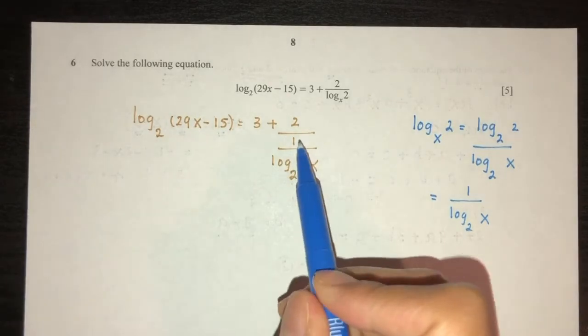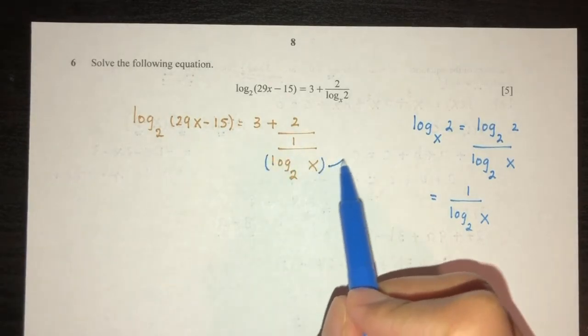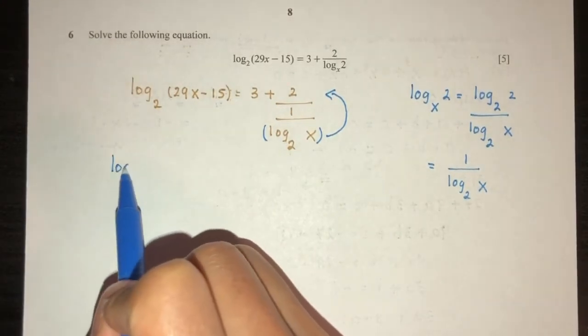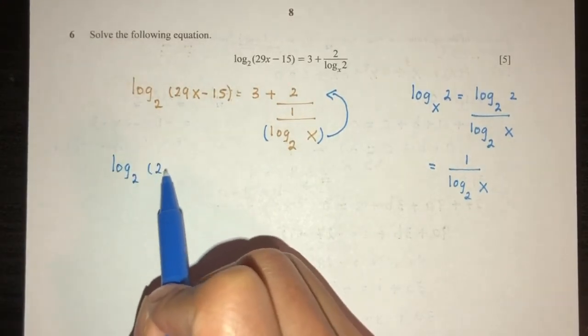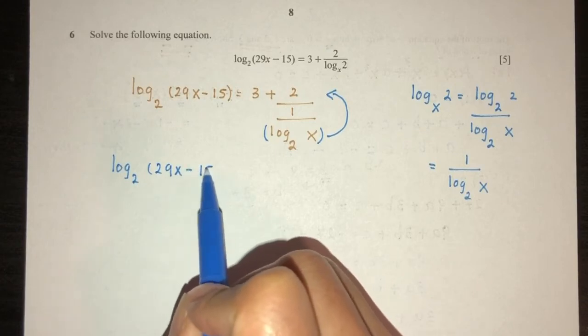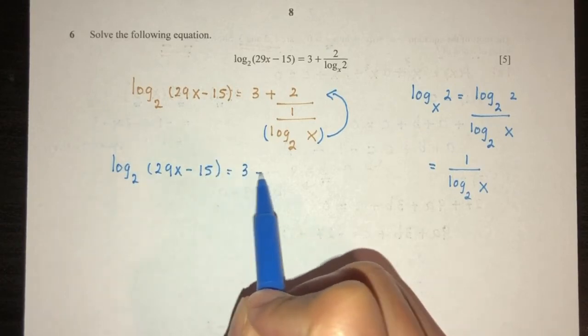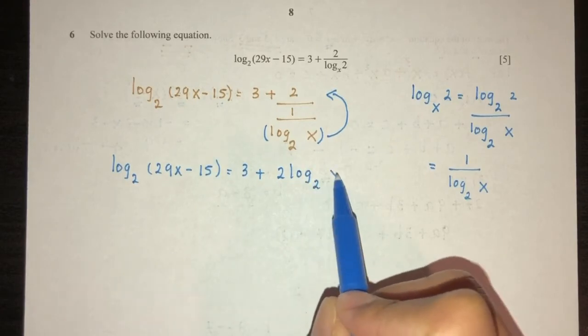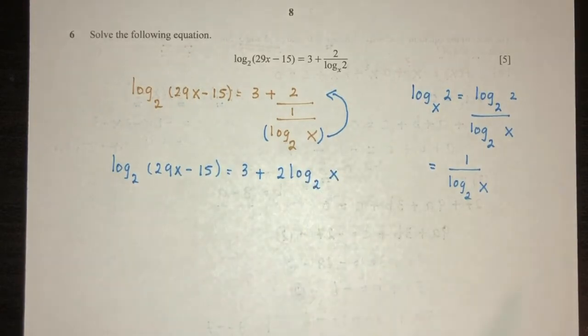Now whenever you have something like this, you can always send this one up. So you will have log base 2 of (9x minus 15) is equal to 3 plus 2 log base 2 of x.